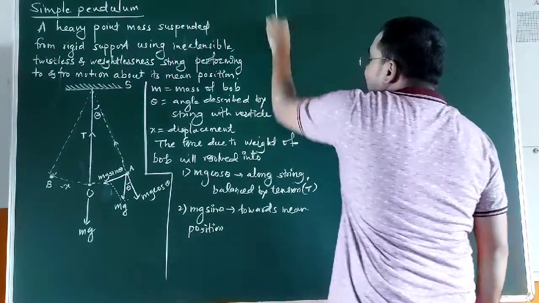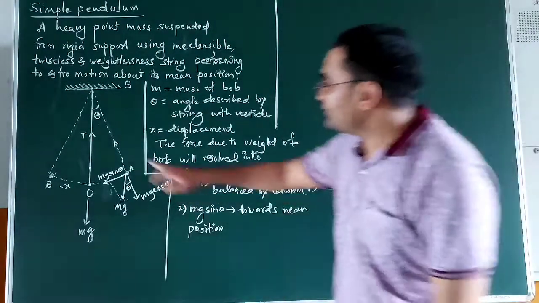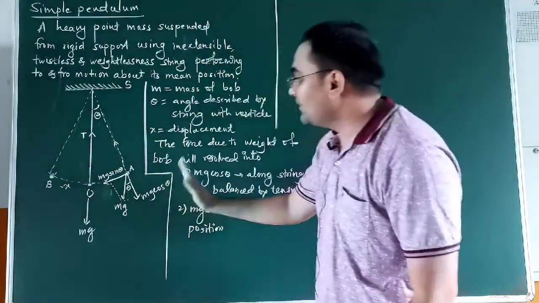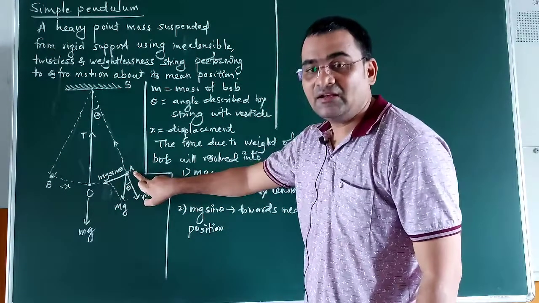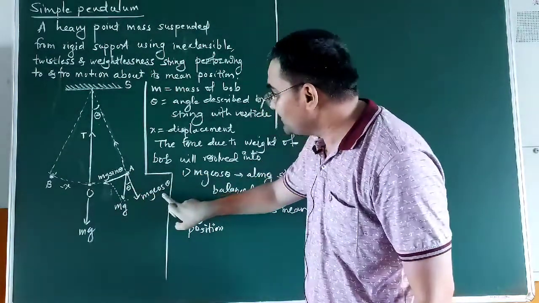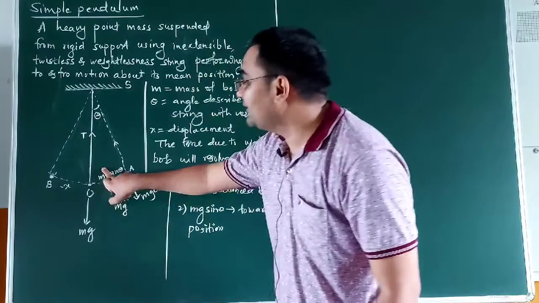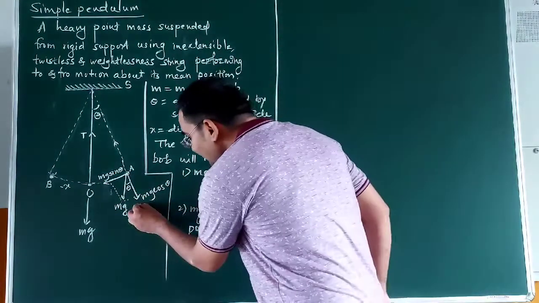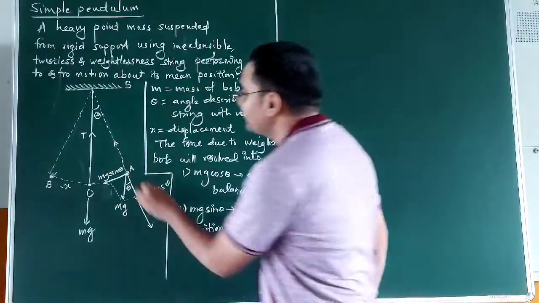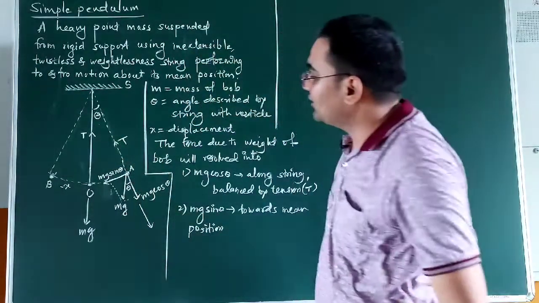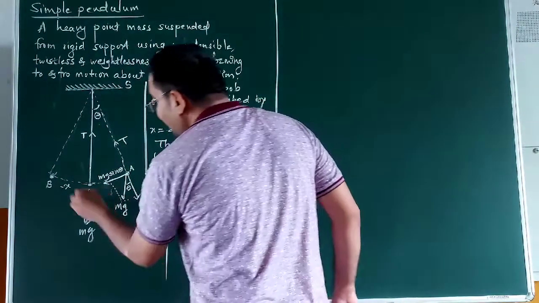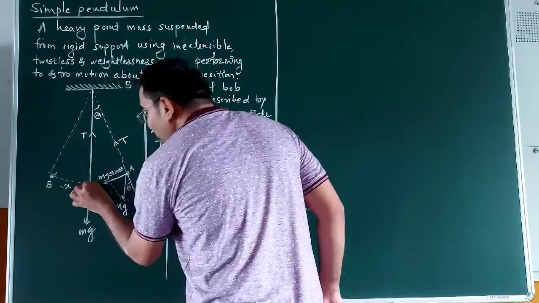Now, as I said, it is performing to and fro motion about its mean position at point A. Weight is resolved into components mg cos theta and mg sin theta. Mg cos theta is acting downwards and is balanced by tension T, whereas mg sin theta is directed towards the mean position.